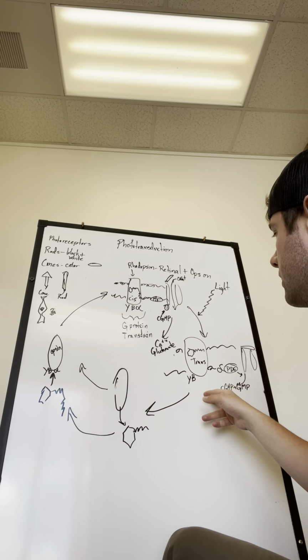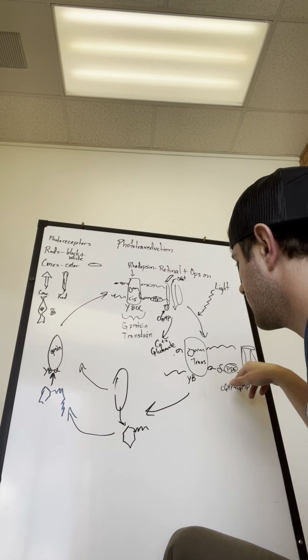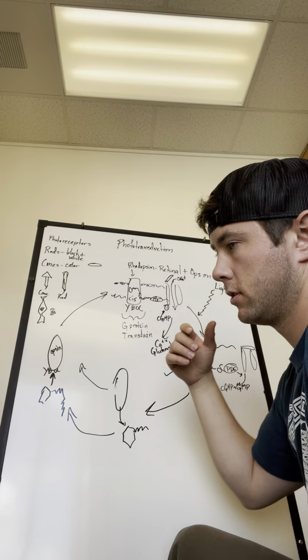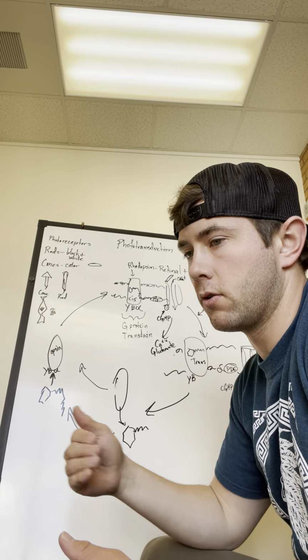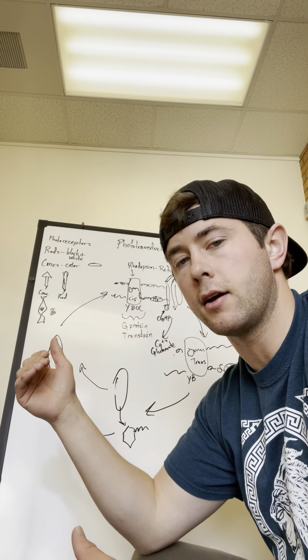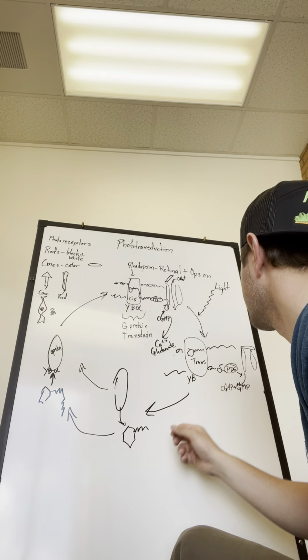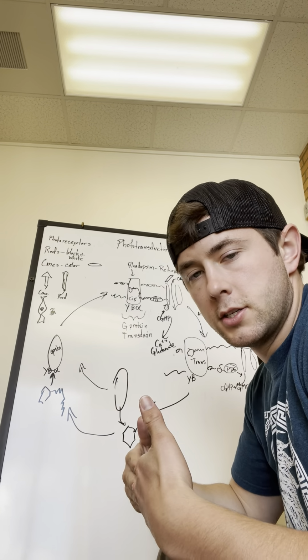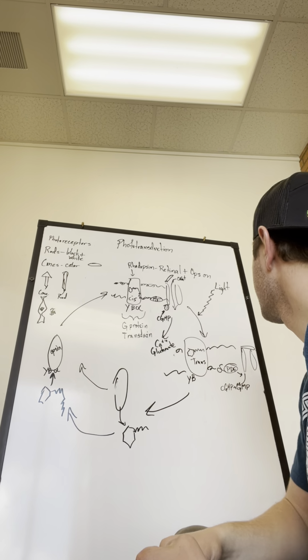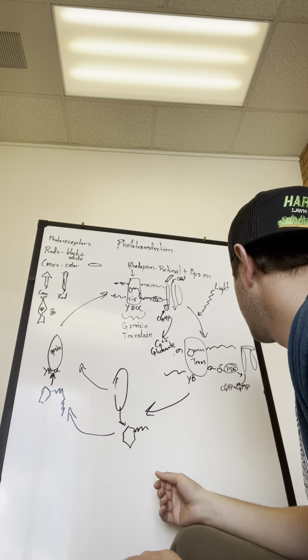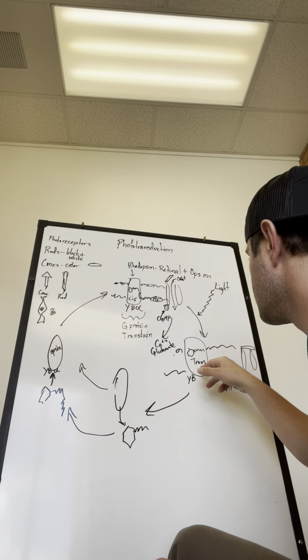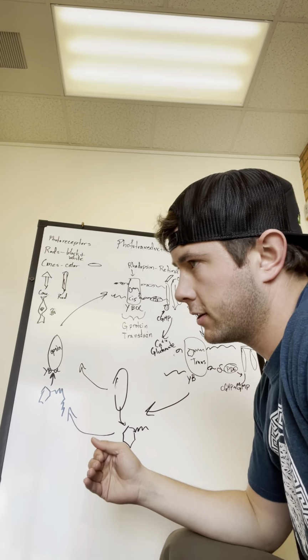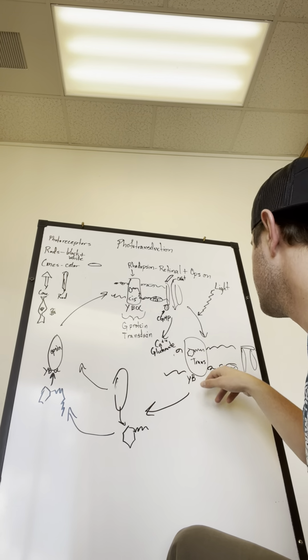And what that does is cause a cascade chain to occur so that we're no longer allowing sodium ions into the cell to depolarize it. So we hit retinol with light, it changes the conformation to trans, and what that will do is deactivate retinol and activate opsin.